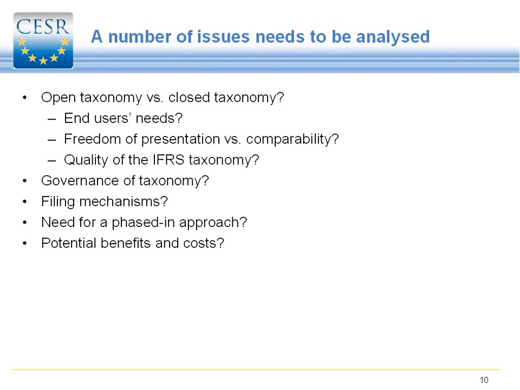One thing in our analysis is the principle of freedom of presentation in the IFRS financial statements. How does that affect comparability of XBRL filings? That is, I think, one of the key issues, and is most likely also linked to the governance issues of the taxonomies.